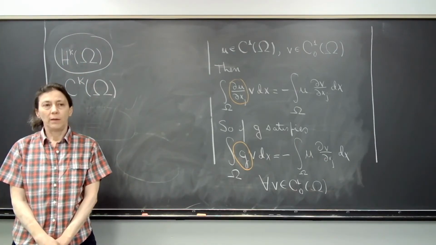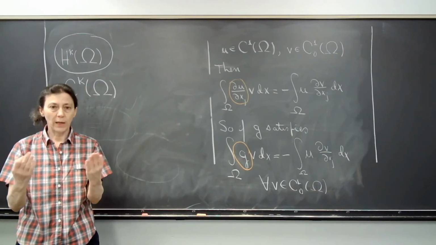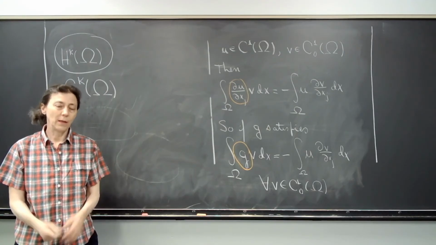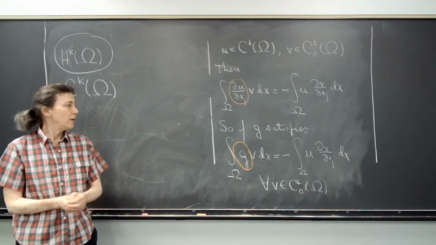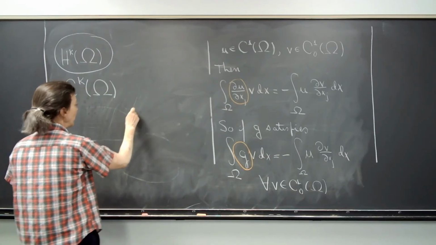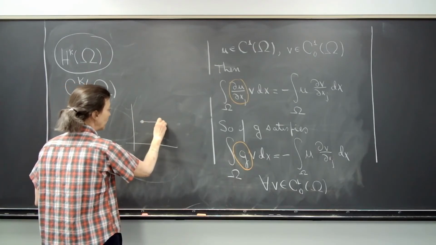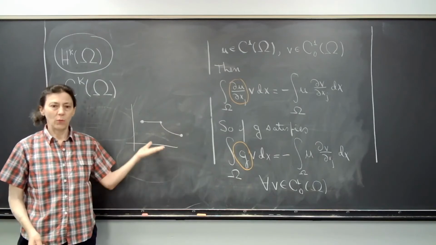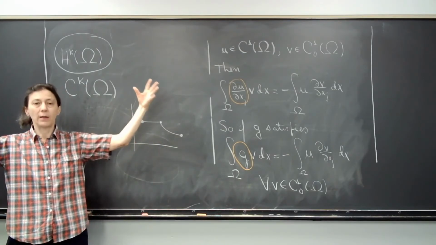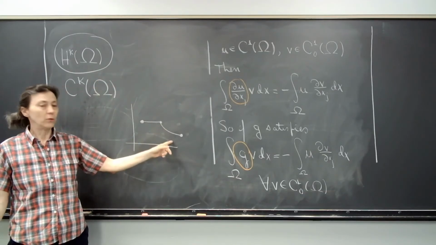You might wonder, when I've finished solving that problem, I do expect my minimizer to be C1. It's just at intermediate steps that I might want to expand my function space to include things like this.